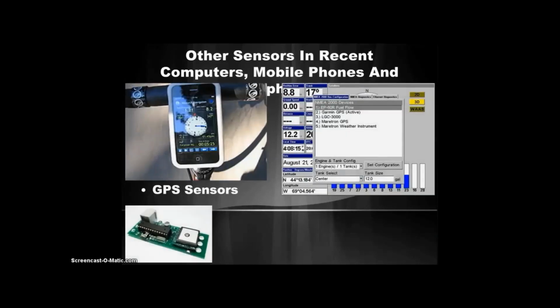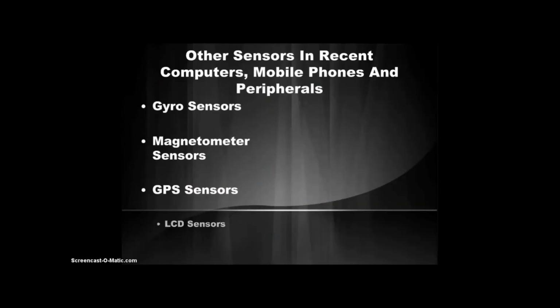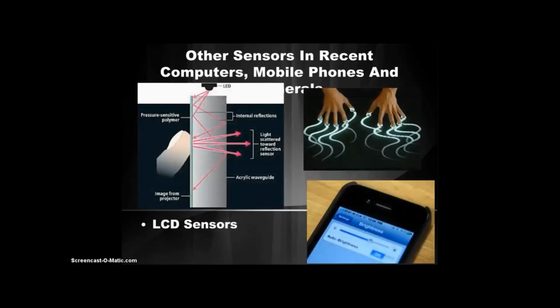GPS sensors in laptops, which collect real-time latitude, longitude, altitude in conjunction with other sensors. LCD sensors, which manage multi-touch, automatic screen brightness, etc.